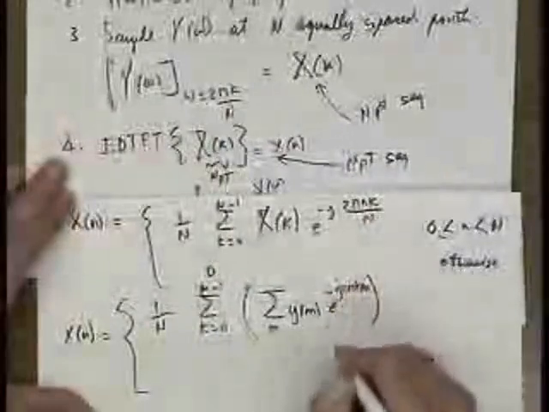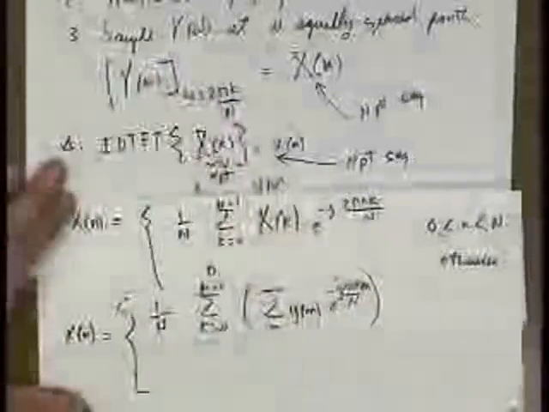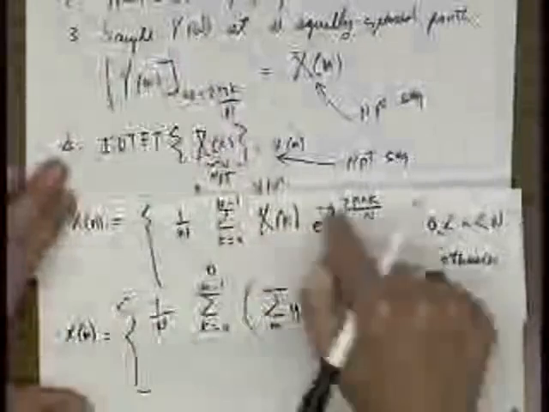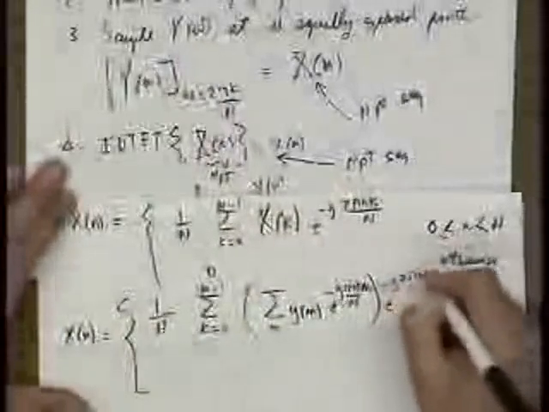Summation over m of y of m e to the minus j omega m. But I want to replace the omegas with 2 pi k over N. So in this step, I've combined this together with the basic definition of y of omega. And the exponential just follows through, e to the minus j 2 pi m k over N.